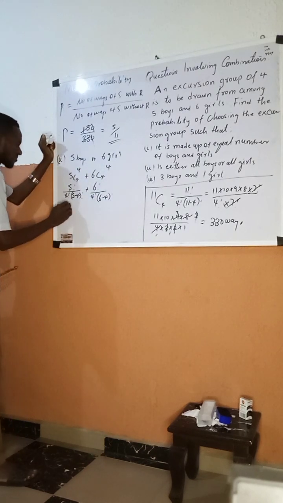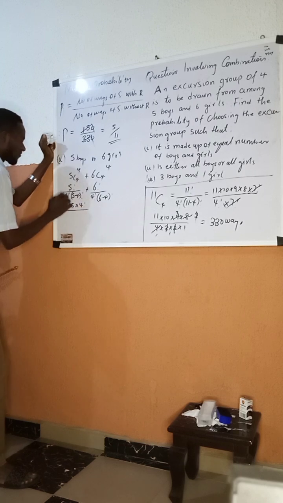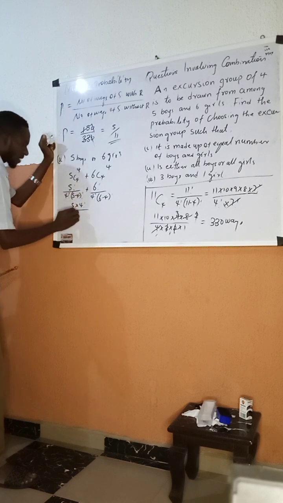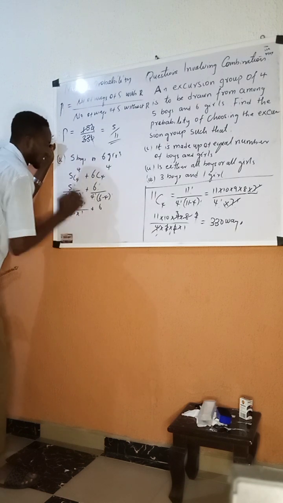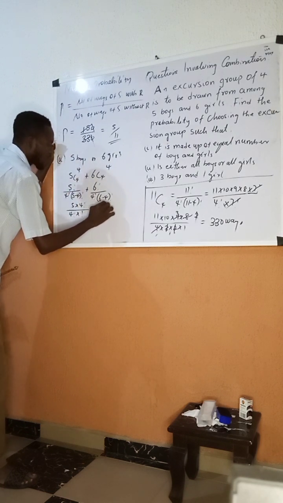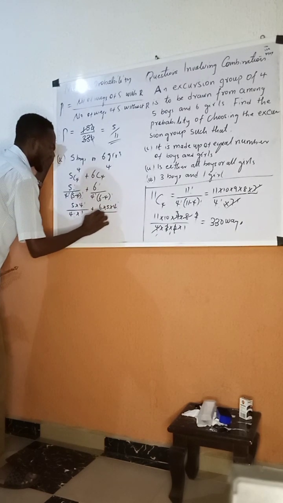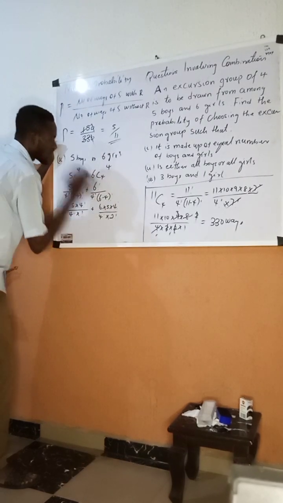This becomes 5 times 4 factorial over 4 factorial times 1 factorial, plus 6 times 5 times 4 factorial over 4 factorial times 2 factorial.